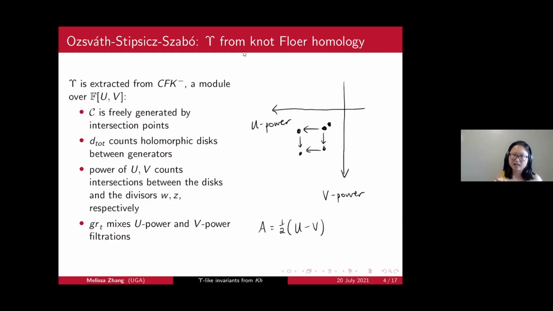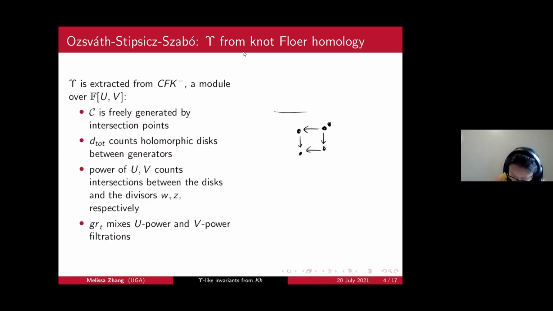So you can change the basis a little bit of this picture and get something that looks like, oops. It's still going to be symmetric between the two axes. You can do an Alexander grading here and then U power here. And it turns out you can still get this kind of nice looking complex.